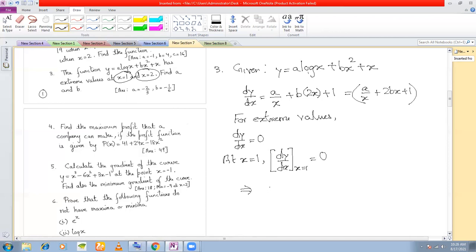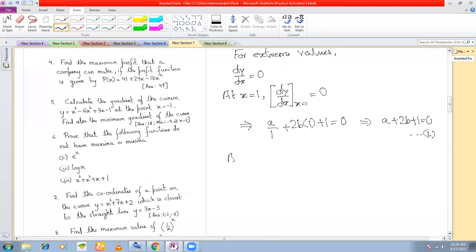Put the value a by 1 plus 2b into 1 plus 1 is equal to 0. So you're getting this as a plus 2b plus 1 is equal to 0. Call this equation number 1.